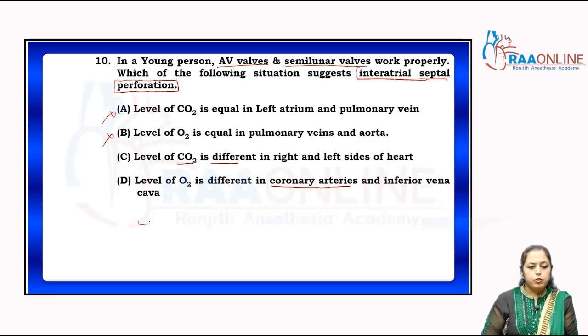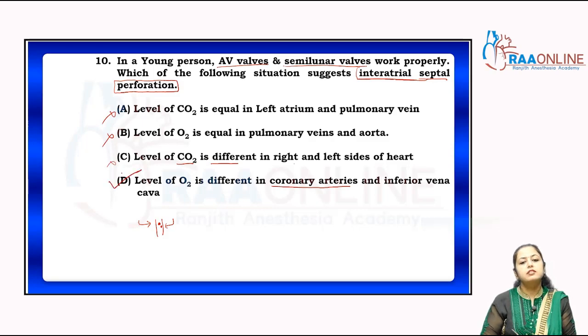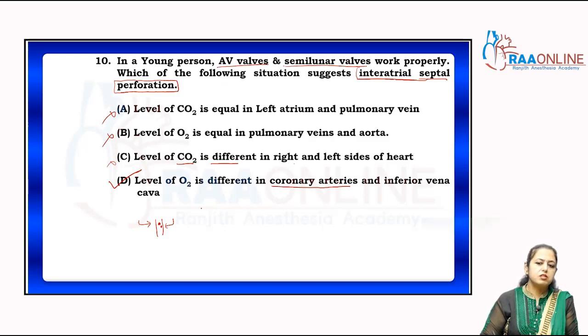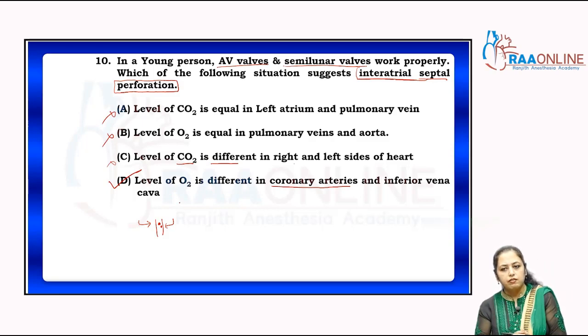When the interatrial septum between the right atrium and left atrium is perforated, the concentration of oxygen and carbon dioxide differs. Clear? Both may be correct, but the most appropriate answer is D: the level of oxygen is different in coronary arteries and the inferior vena cava. Clear? So the answer is D.